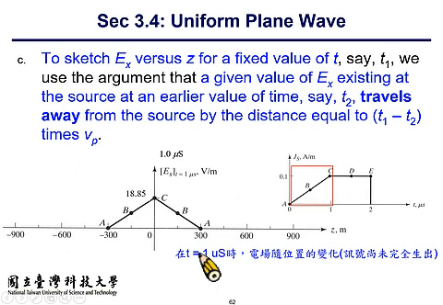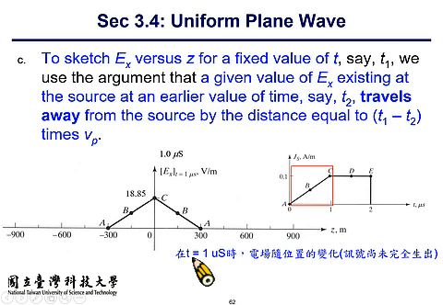And as to part C, you are asked to sketch Ex versus z. That is the spatial variation for a fixed time value. And the time specified is t1 equal to 1 microsecond.